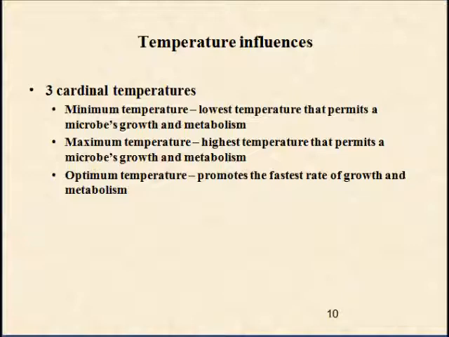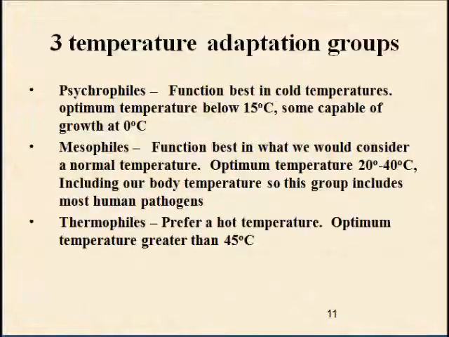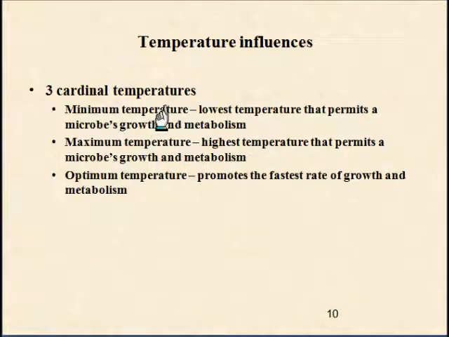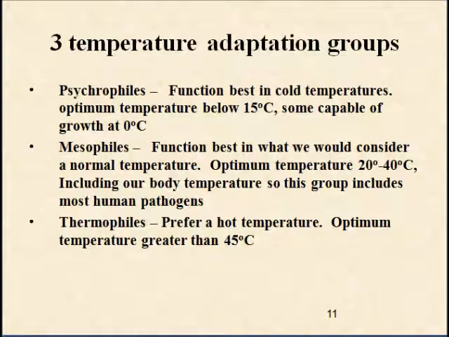Then there's the optimum temperature, where everything works just perfectly for them. 3 different ways that organisms have adapted. So if we go back here, the minimum temperature for one organism may be the optimum temperature or the maximum temperature for another. And we have these types of organisms that like different environments.